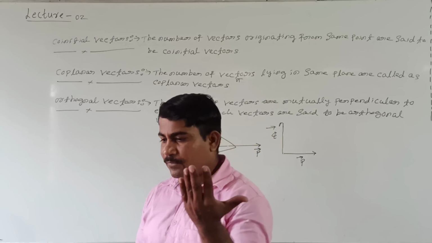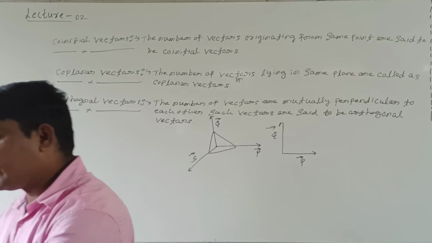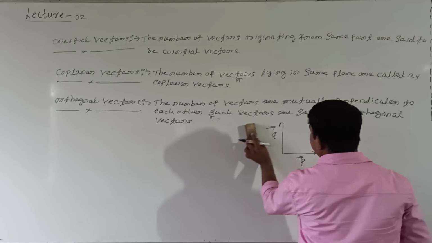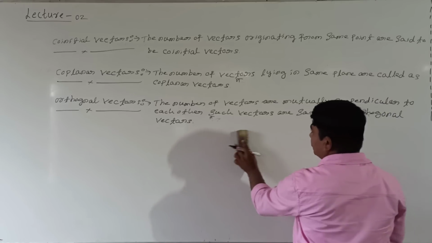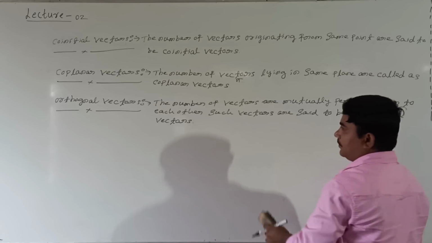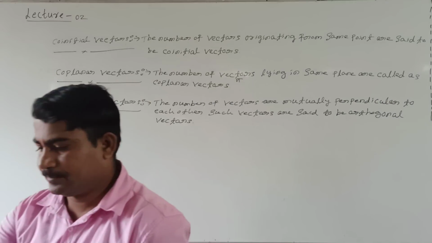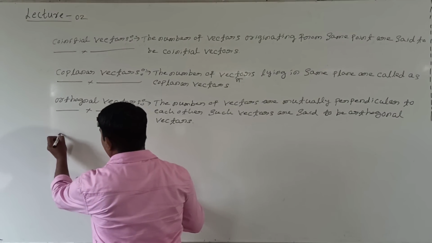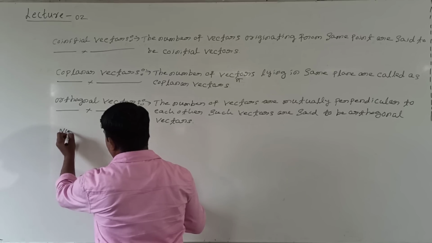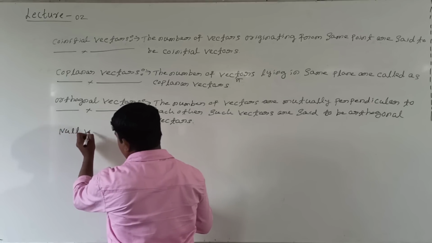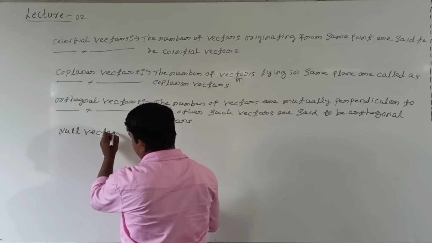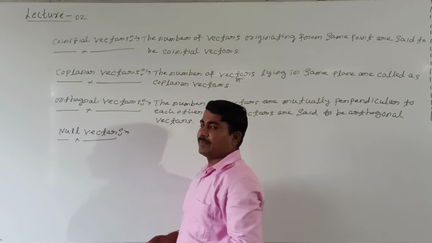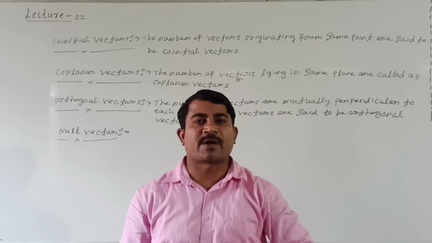After this, let us take one more type of vector. That vector we call the null vector. Null means zero vector.